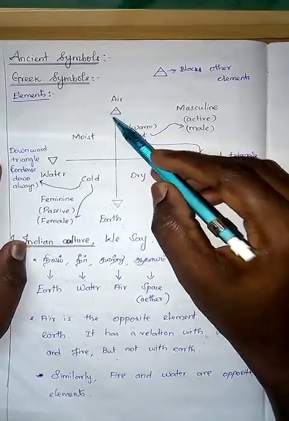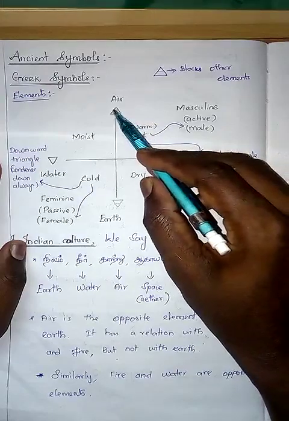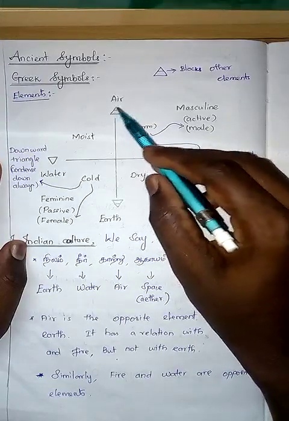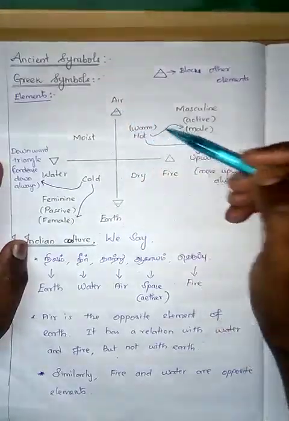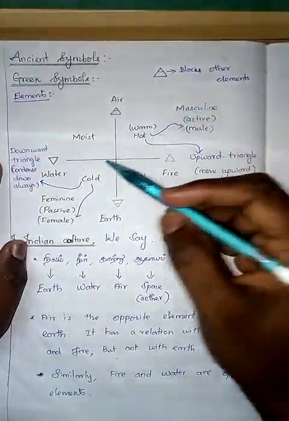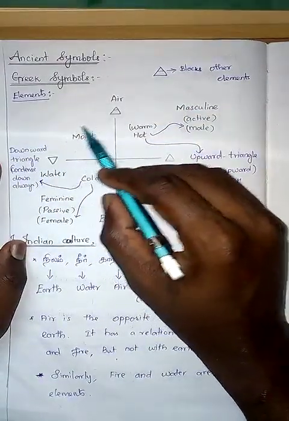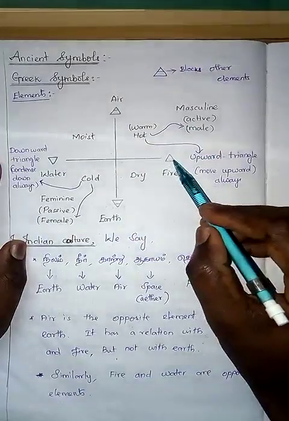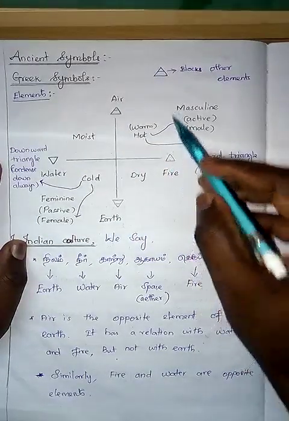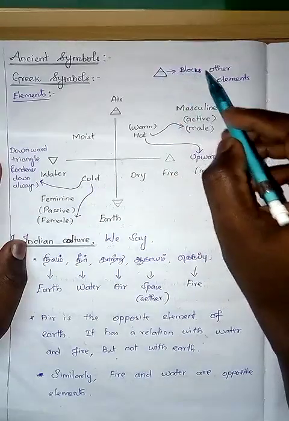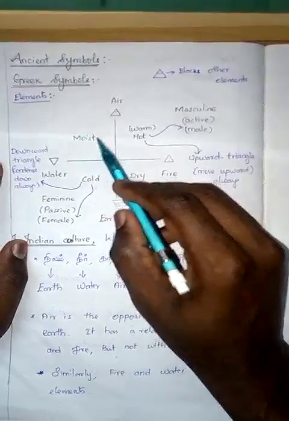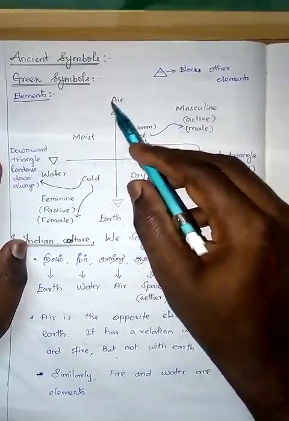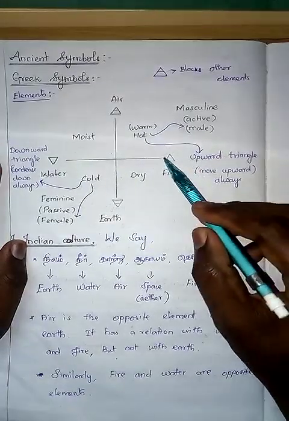And then there is a crossbar inside this, a horizontal bar, which indicates that when moisture comes to the air, it blocks the fire. So whenever we use this horizontal bar, it means blocks. Whenever moisture comes to the air, it blocks fire.